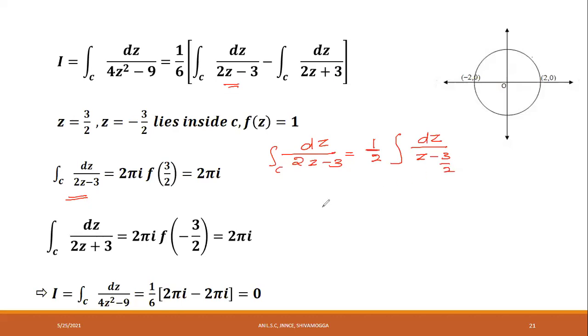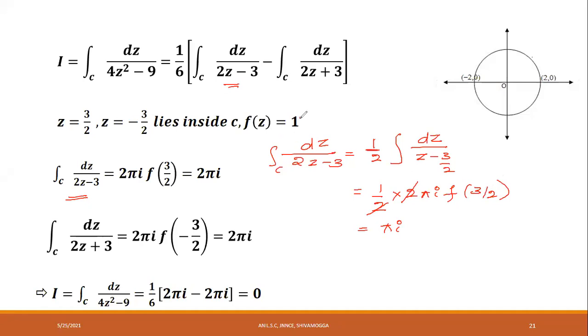This is equal to half into integral over c dz divided by z minus a, which by Cauchy's integral formula is 2 pi I into f of a. Here a is 3 by 2. Cancel this 2 with this 2. Therefore, this is equal to pi I into f of 3 by 2.